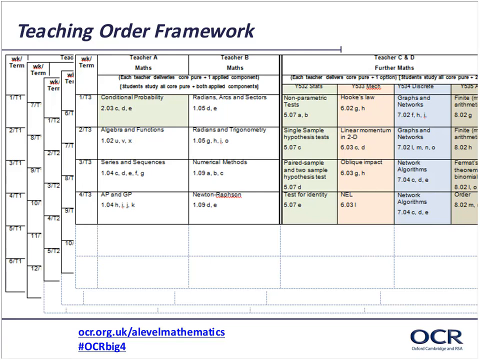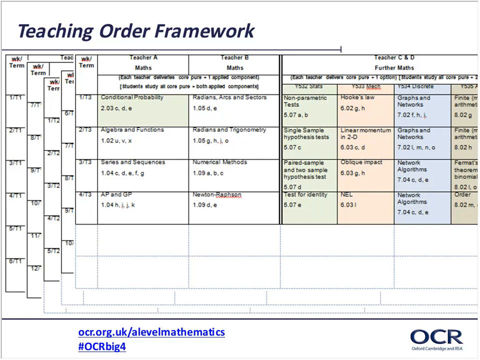It has to be made clear that this is one possible generic solution that offers the co-teachable parallel approach, regardless of which two options you would like to offer for further maths. It is fully editable and can be used as a starting point for developing a scheme of work.